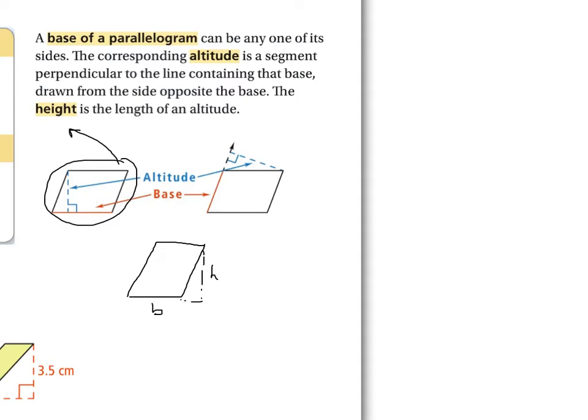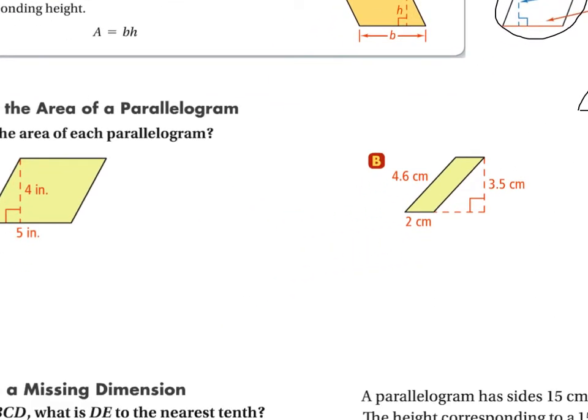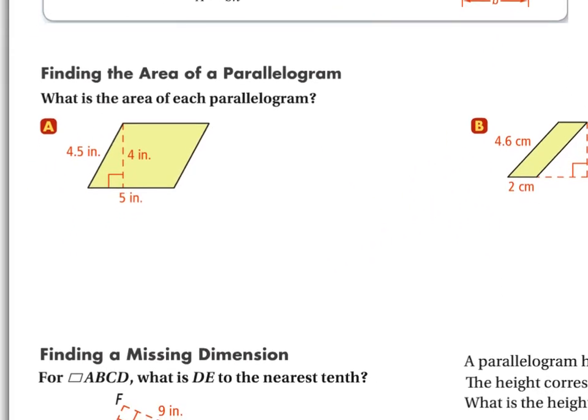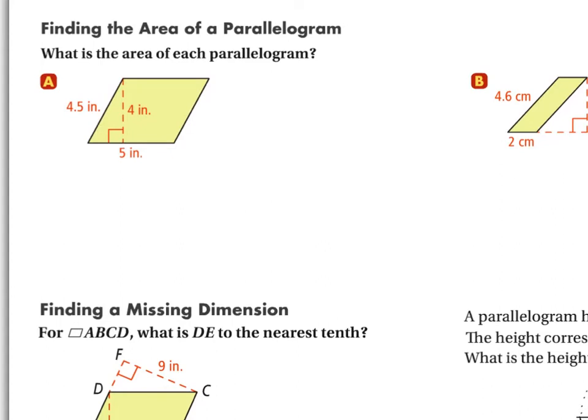So we know that the area of a parallelogram, or the area of a rectangle, is base times height. Let's take a look at some examples. What's the area of this parallelogram? You've got to figure out what base and what height you want to use. I'm going to use this as my base, which means that the 4 is the height. If I use the 4.5 as the base, I don't have the height for the 4.5, so it doesn't correspond.